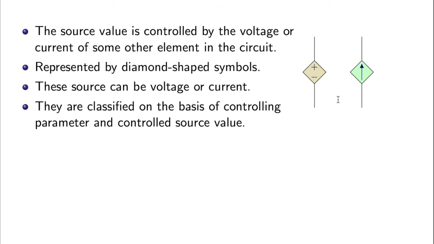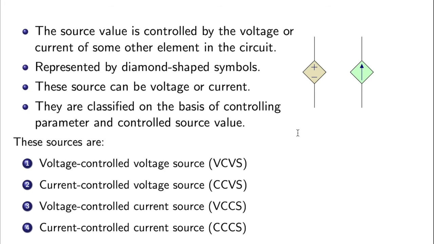This combination gives rise to four such sources. The four possible sources are the voltage controlled voltage source, current controlled voltage source, voltage controlled current source, and current controlled current source.